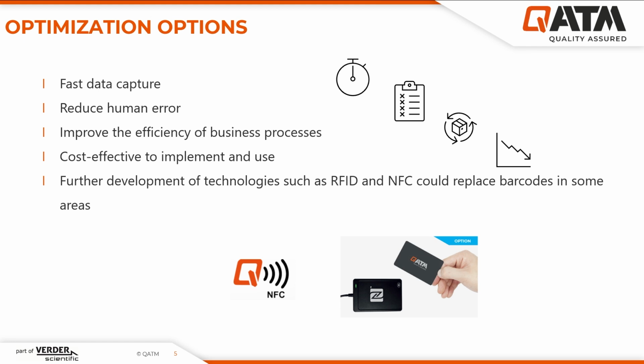In this case, it's also an improvement of the efficiency of business processes, which means that we can improve the procedure in an easy and cost effective way with the barcode. So we can easily implement it into the system with less effort and cost to get a maximum reduction of error, an improvement, a standardization of the process and something like that.